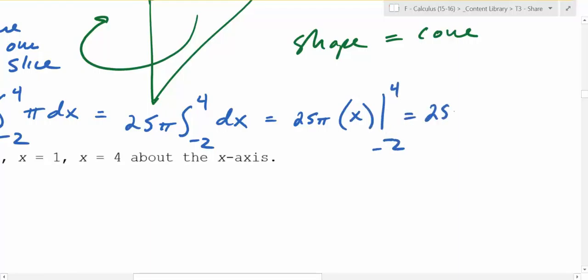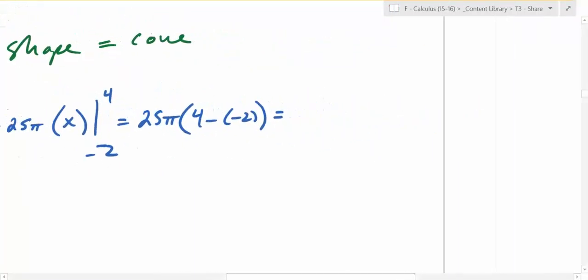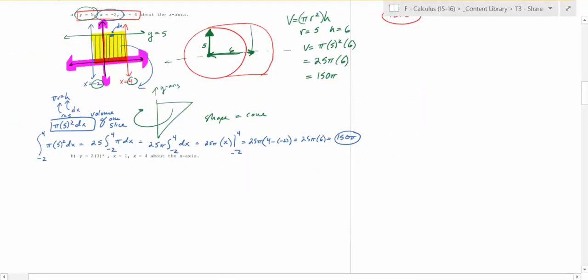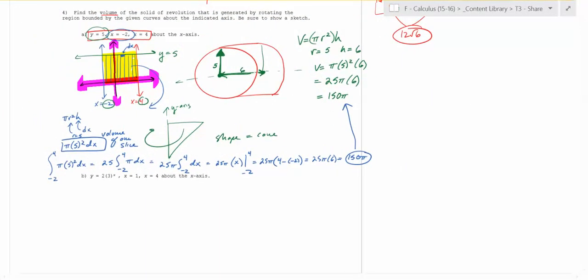So that's 25 pi times 4 minus negative 2. What's 4 minus negative 2? 25 pi times 6. What's 25 times 6? What did we get? The same exact thing. You just proved that the volume of a cylinder is pi r squared times height.